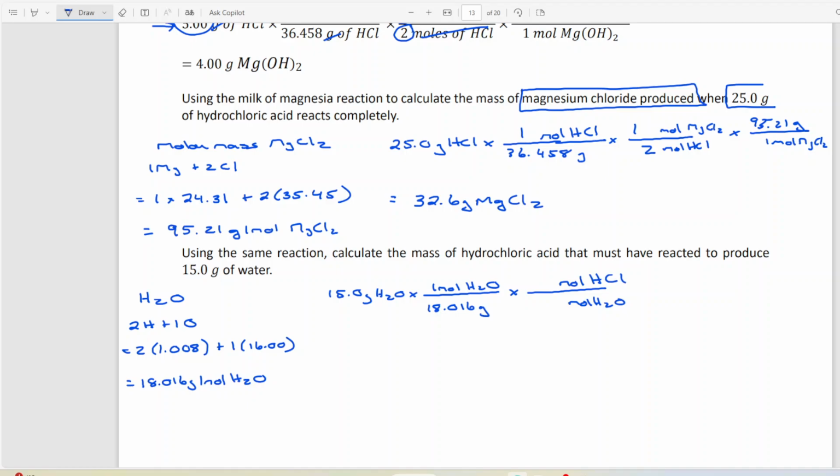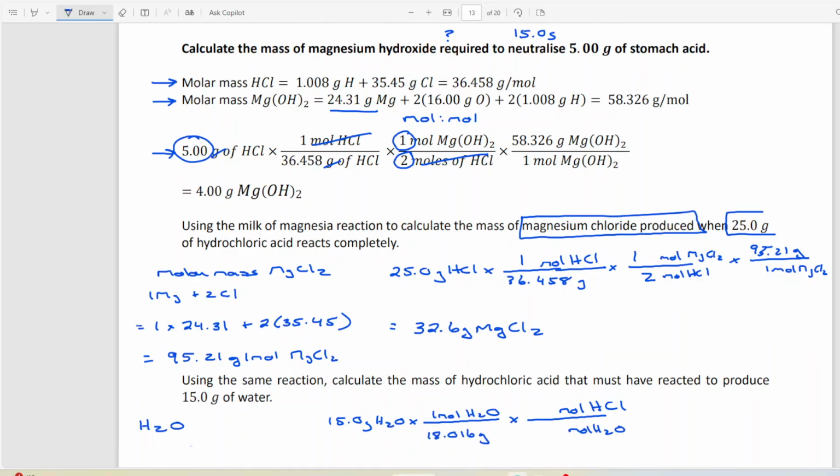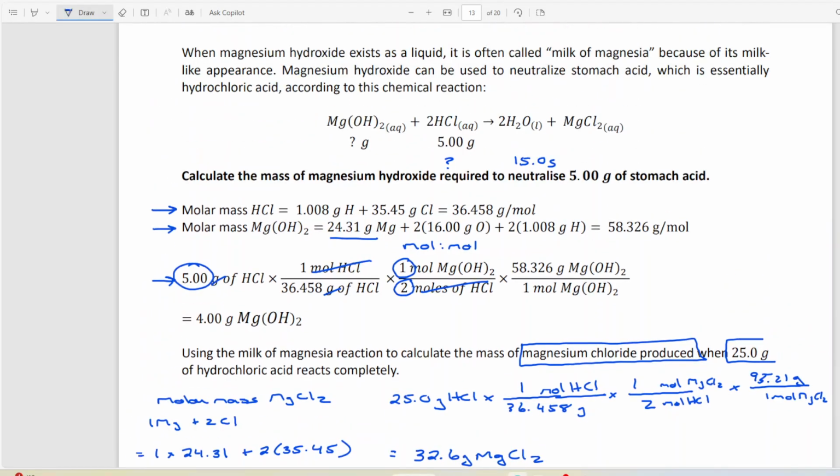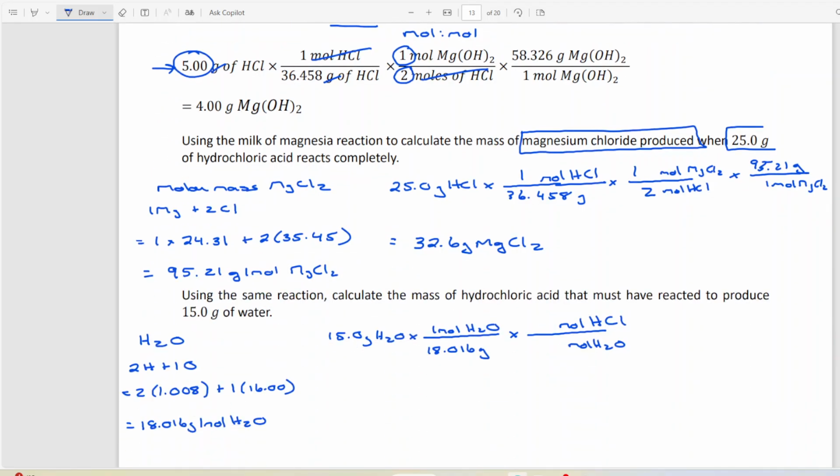So I go up to my formula and I see that 2 moles of water comes from 2 moles of hydrochloric acid. So I'm going to put a 2 and a 2. And lastly, I want to convert from moles of hydrochloric acid, which would be 1 mole. And how much does it weigh? Well, we decided that hydrochloric acid is 36.458 grams.